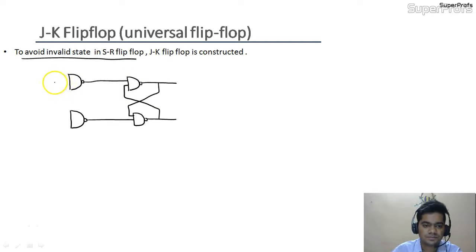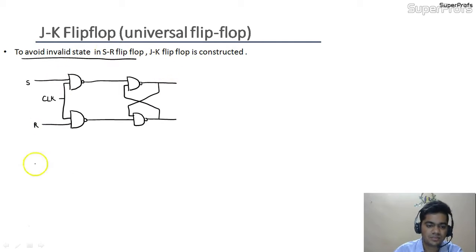So suppose this is the clock. What manipulation we are going to do is that we are giving the feedback from these two points to this point.